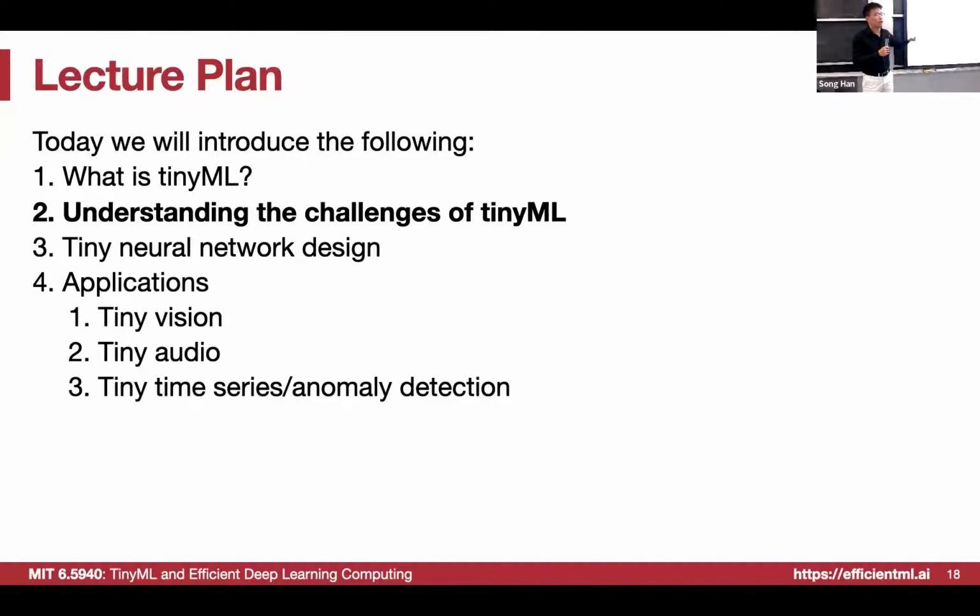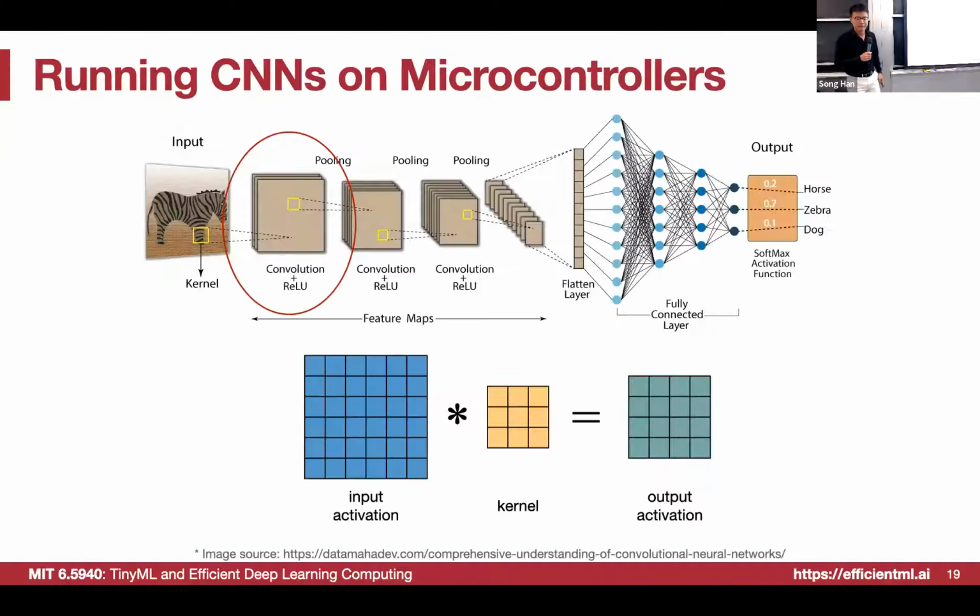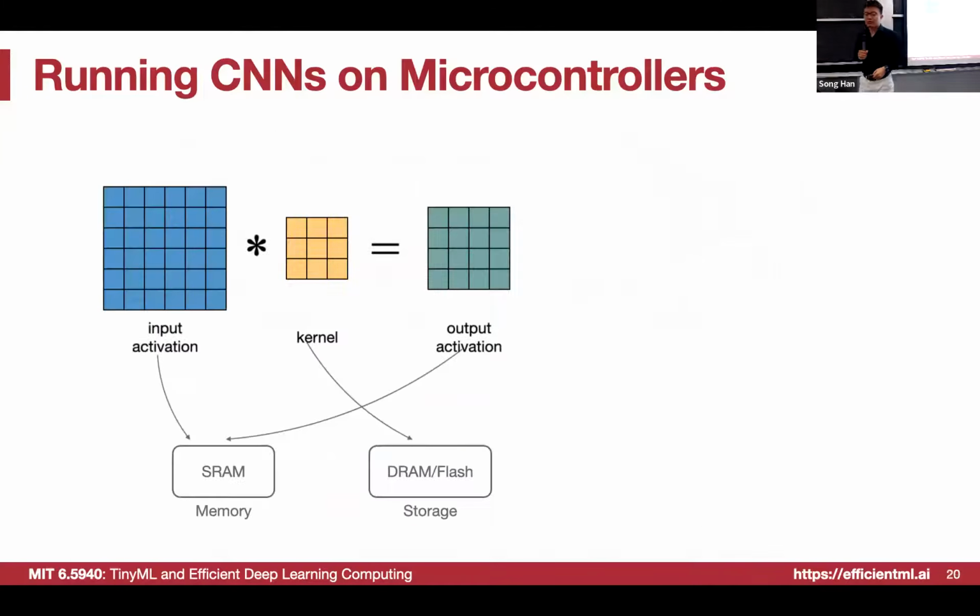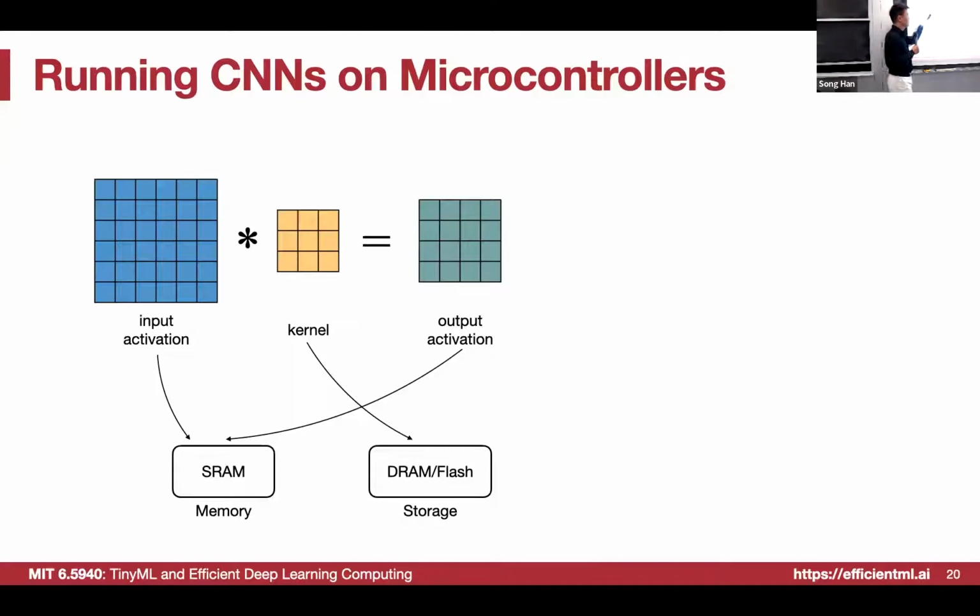So let's dive deeper about what is the constraint for the weights and activations with respect to the memory. So this is a neural network. We have the weights and also the activations. Where are they stored? The input activation and output activation, we have to store them in readable and writable memory. Since this is not static, we have to refresh it, we have to change it layer by layer so that we cannot put them in Flash.